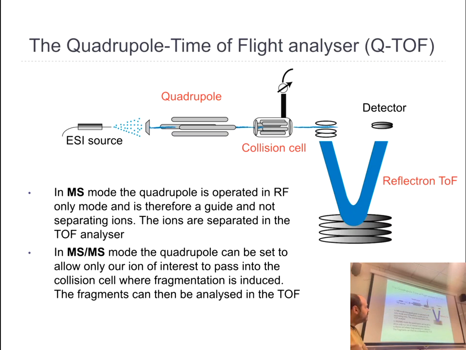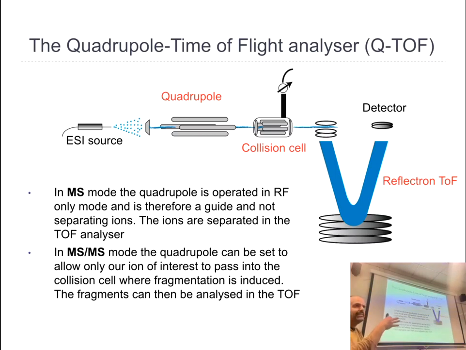The way it's constructed, the geometry of the instrument, is that you've got a quadrupole here. And remember what I told you, what can you do with a quadrupole? You can change the values and you can basically isolate a particular ion.